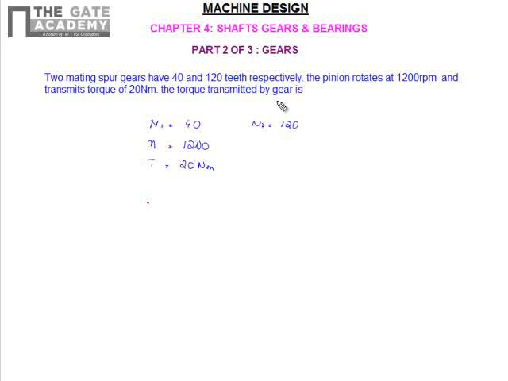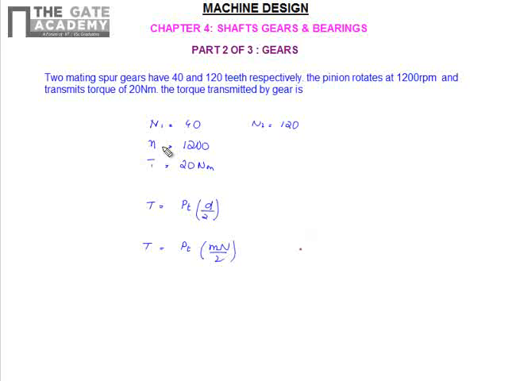Now the torque transmitted is given as Pt into d by 2, where d is nothing but m into n. We list out the equation in terms of the variables available. So here n and m are available. So T is equal to Pt into nm by 2.